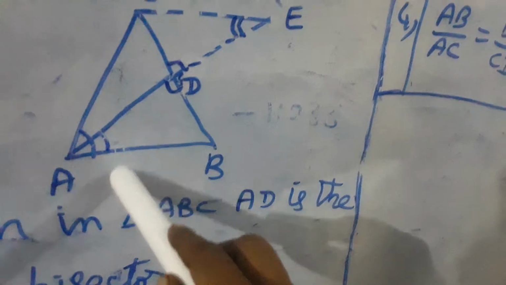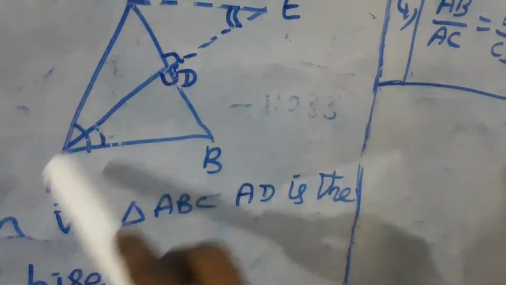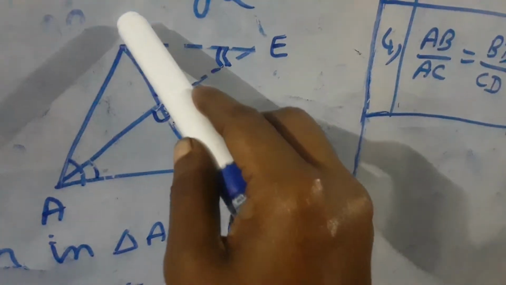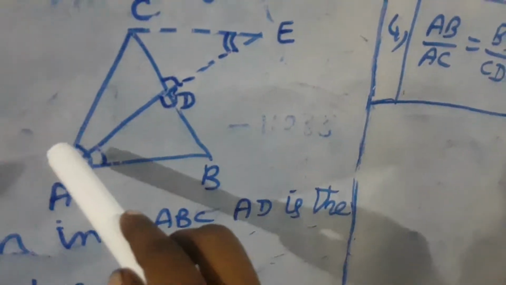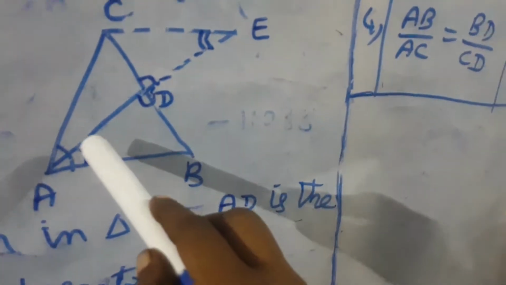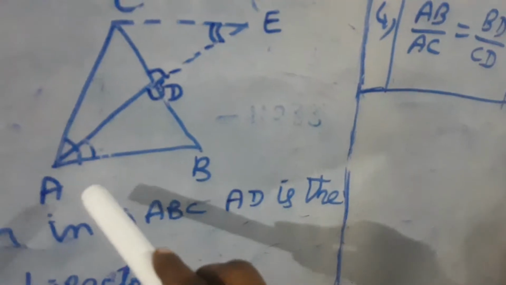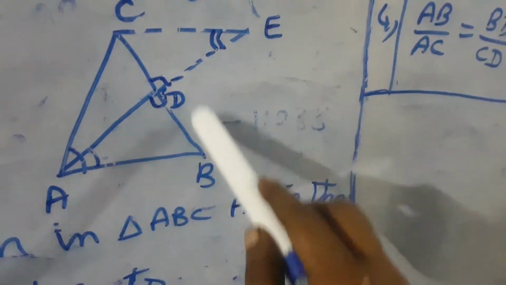And also, this is a bisector. So, the angle DAB is equal to CAD. These two angles are equal. Angle CAD equals angle DAB.